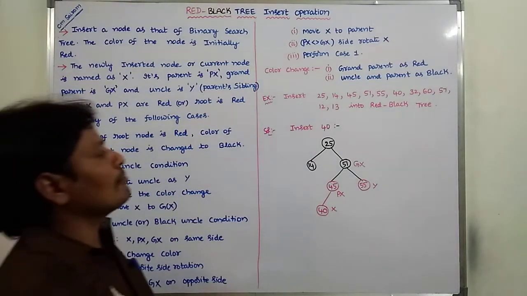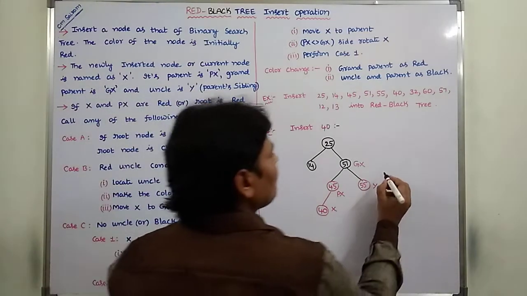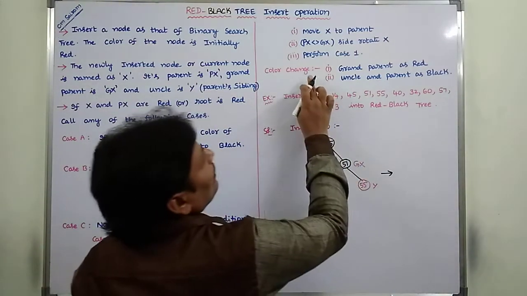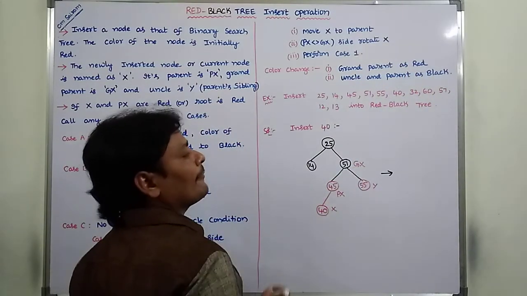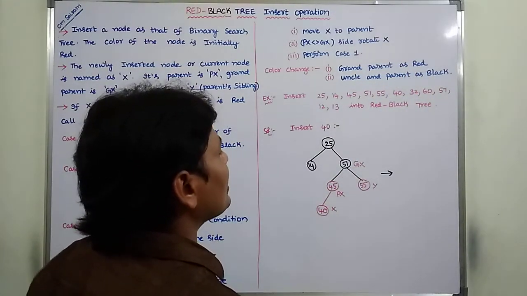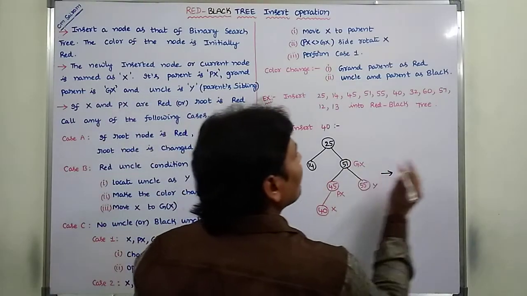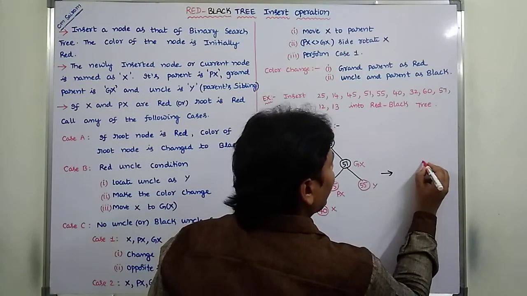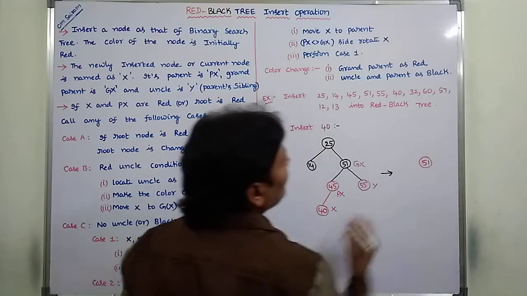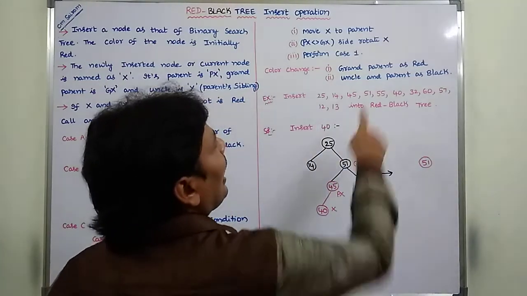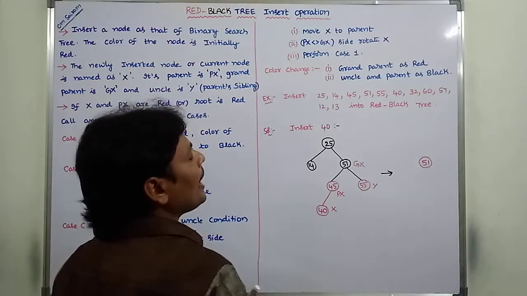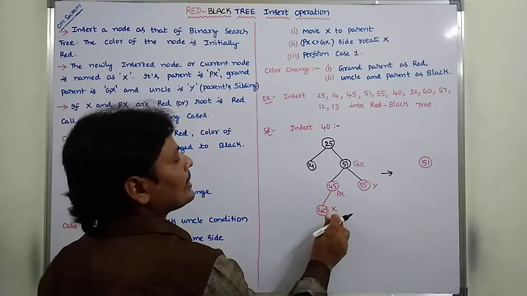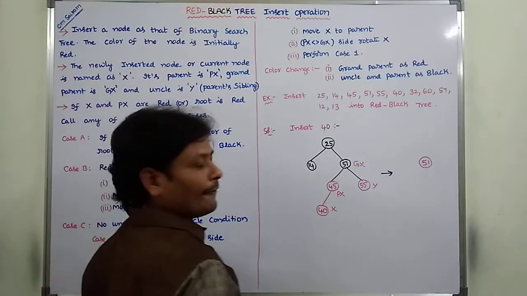Make the color change: grandparent as red. Here grandparent is 51, so that can be changed to red. Next one, uncle and parent as black. Here uncle is 55 and parent of x is 45.